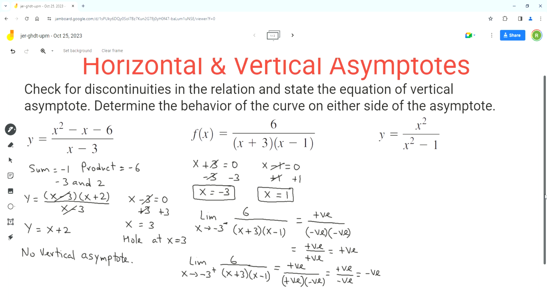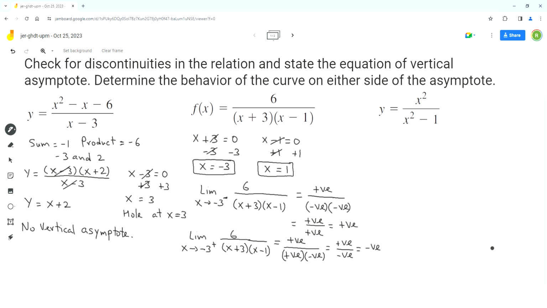Now we can do the test for the other vertical asymptote in this function. So limit x approaches 1 from the left side of 6 over x plus 3 times x minus 1.